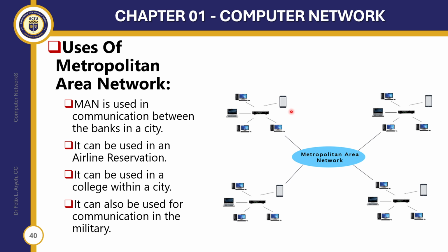Just in Accra, we can have about 5 or 6 different branches of the same bank. So most times the banks use a metropolitan area network to set up such a network so that these banks at different locations or branches will be able to talk to each other.